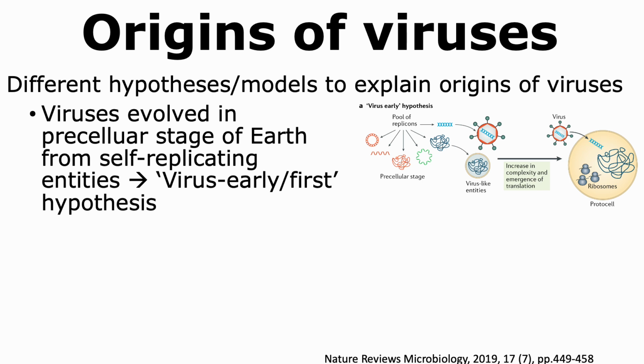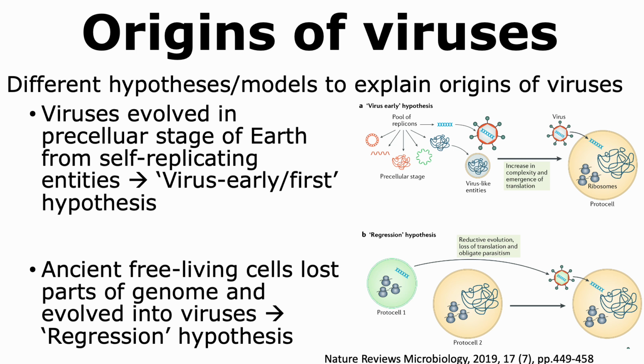So they were present in the pre-cellular stage of Earth, where we had self-replicating molecules. These self-replicating molecules, which were RNA molecules, were able to be covered by proteins, and thus they were able to form the first viruses. Now, of course, with time, we were able to form cells, but at that time, viruses were already there.